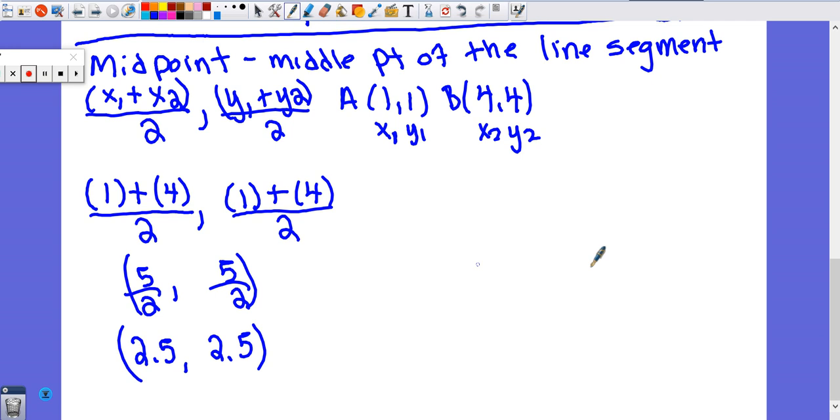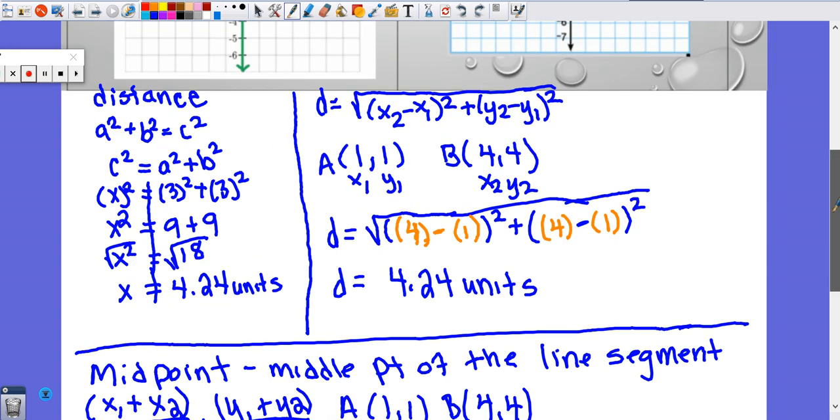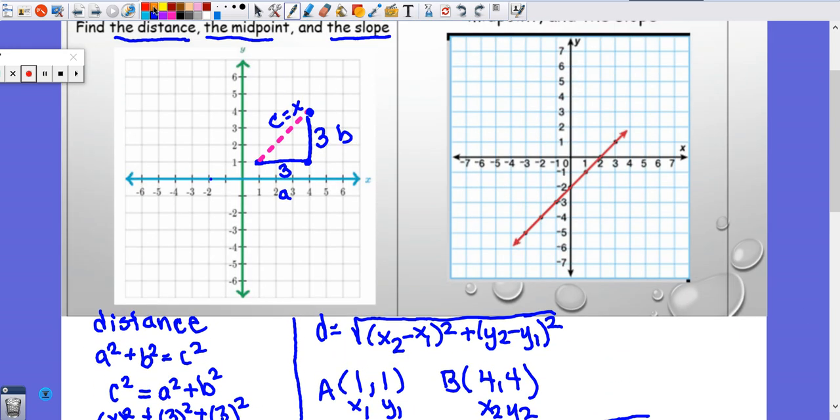So if I wanted to plot this midpoint, then I would go up here and find 2.5, and then 2.5. So that's the middle of that line segment. That is the midpoint.